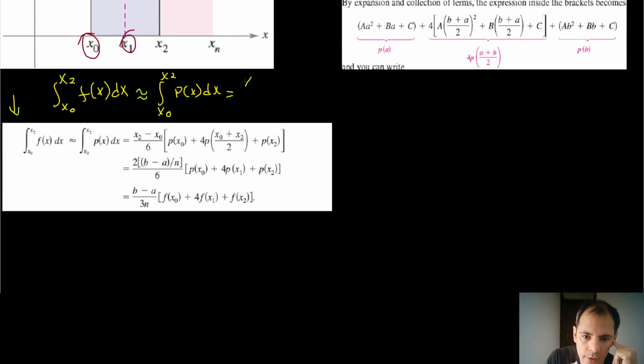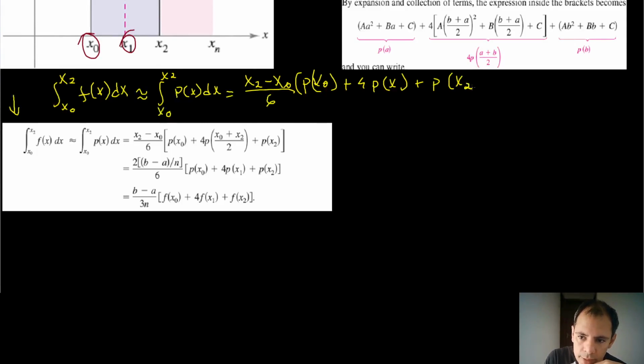And then you have the formula: P of x0, which is the first point, plus 4P of x1 plus P of x2.